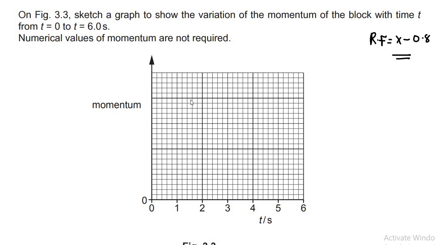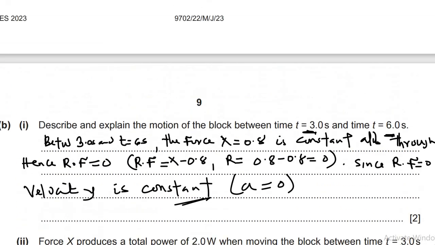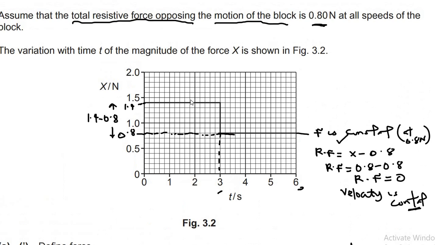Now, the graph of momentum against time is describing force, because force is the rate of change of momentum. So when you plot a graph of momentum against time, it's describing force. Between 0 and 3, what's our force?